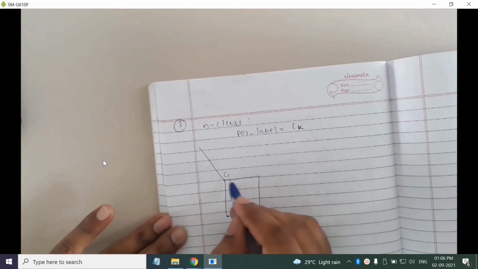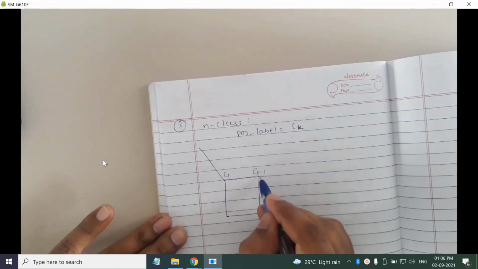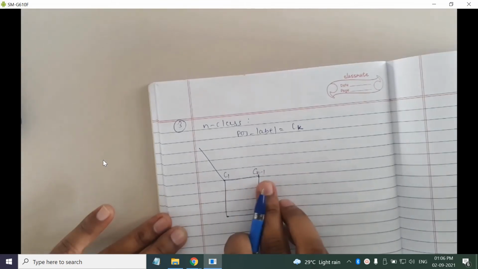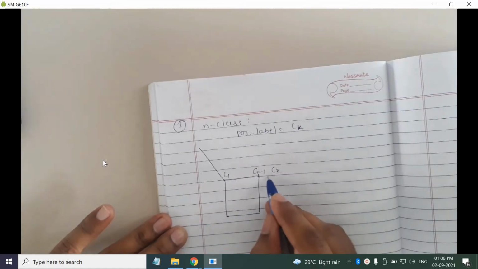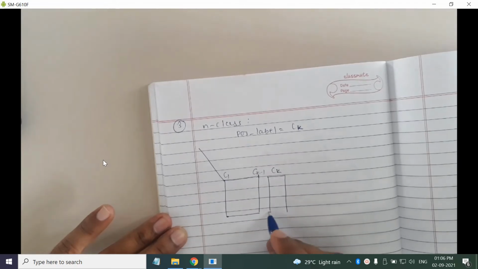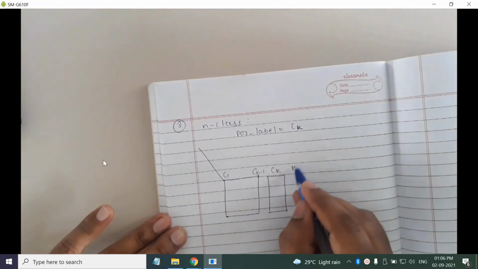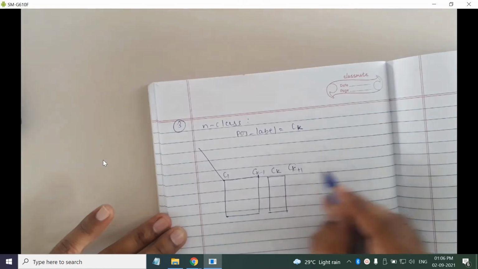We have C1 to Ck minus 1 at this point, k minus 1 classes, then we have Ck, then Ck plus 1 to Cn.